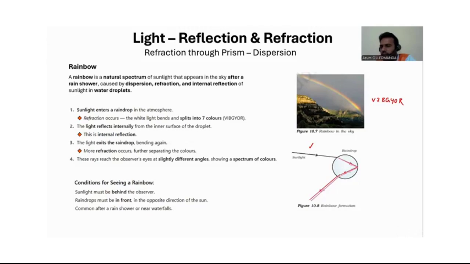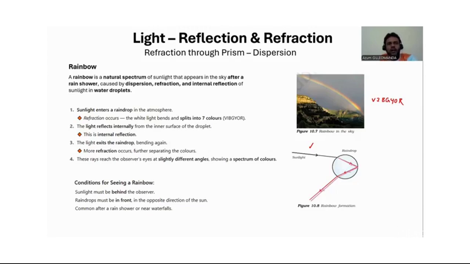And here, from water into air, it is coming out. So again, what is happening? It is further dispersing. This phenomenon, when we see from the distance, the dispersion of light through each raindrop constitutes a rainbow, right?